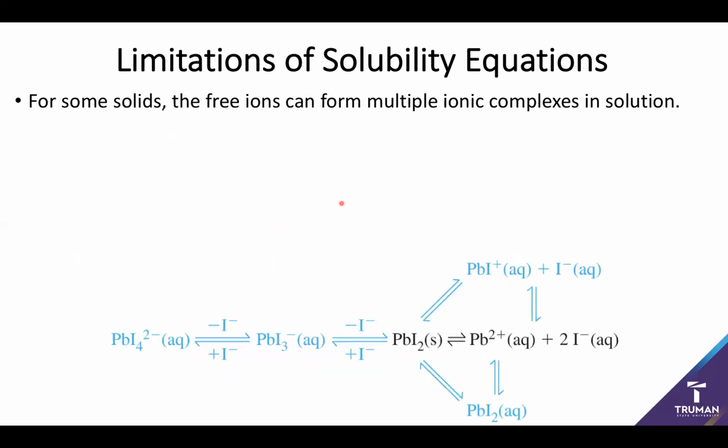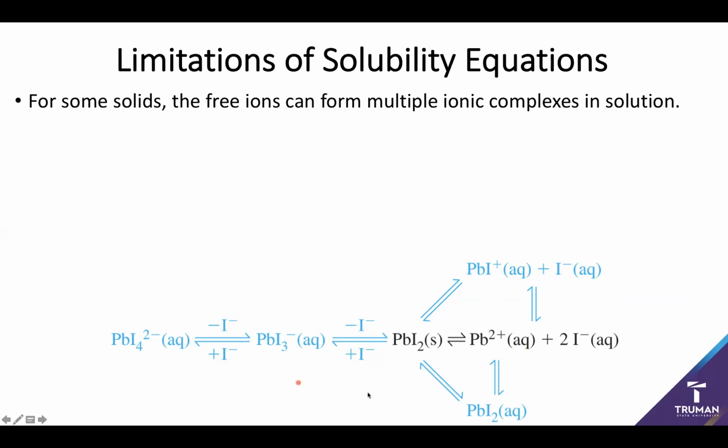Very related is the fact that it turns out that a lot of those free ions that we're releasing into solution aren't going to just remain free ions. So if I take lead iodide, it will dissolve to make, well, lead and iodide. But it turns out that these can complex to make an aqueous lead iodide, which won't have the same concentration as these, or it can make lead monoiodide or lead triiodide or lead tetraiodide.